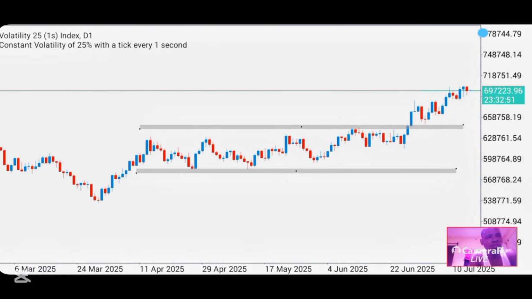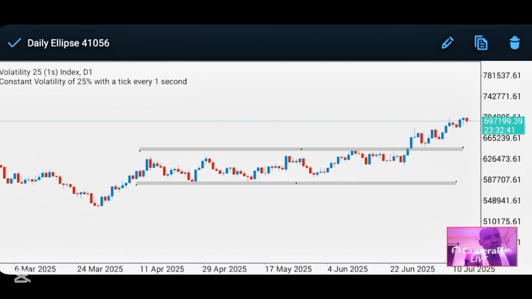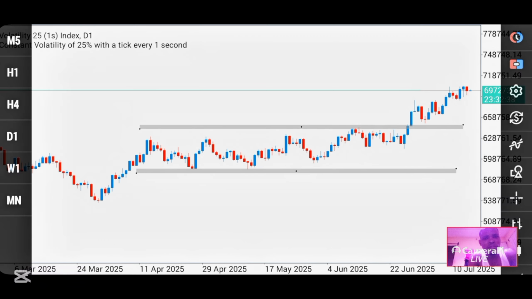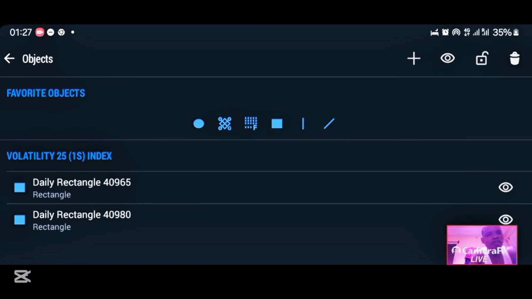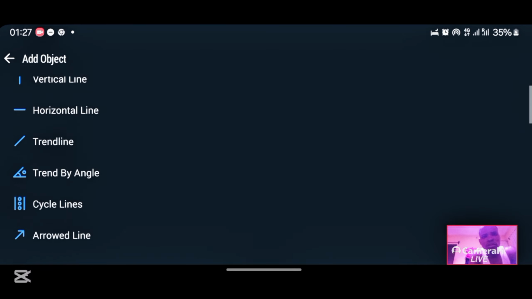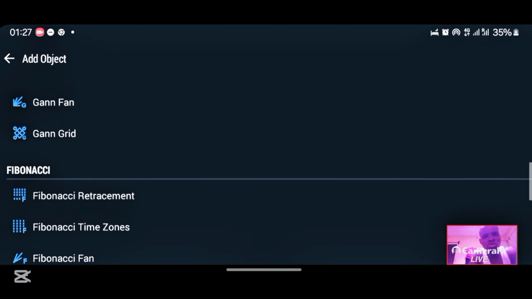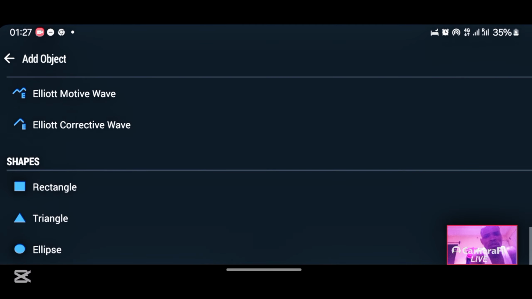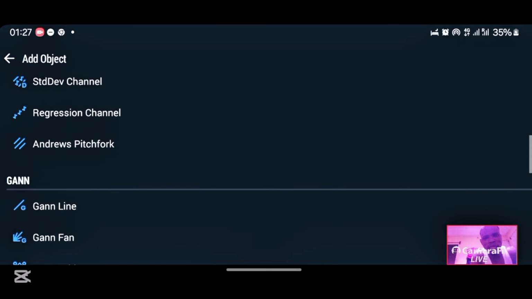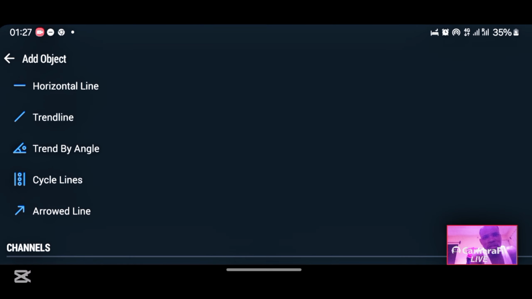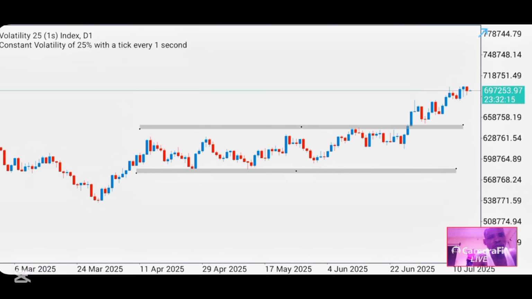Okay, good. Let me just use rectangle, or if I can get arrow, let me use arrow line.